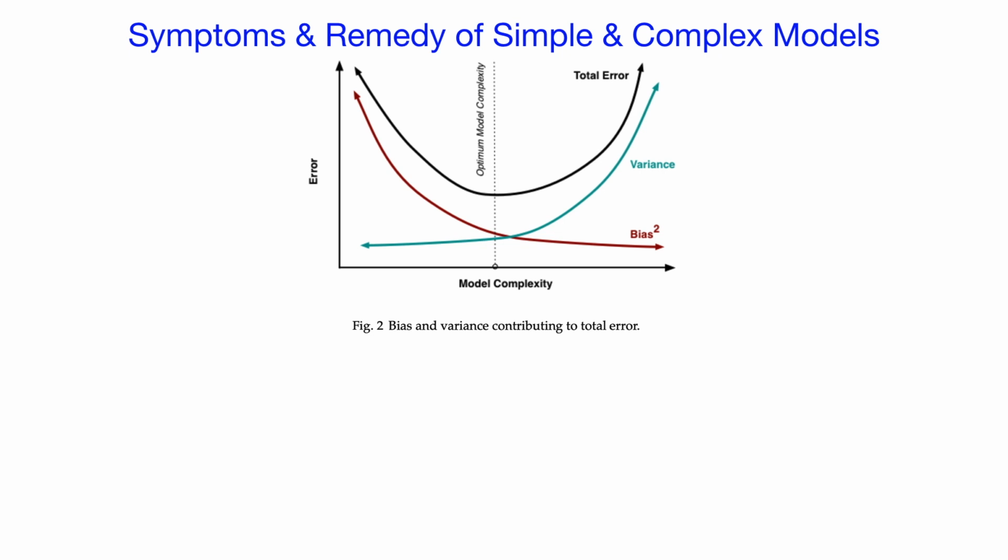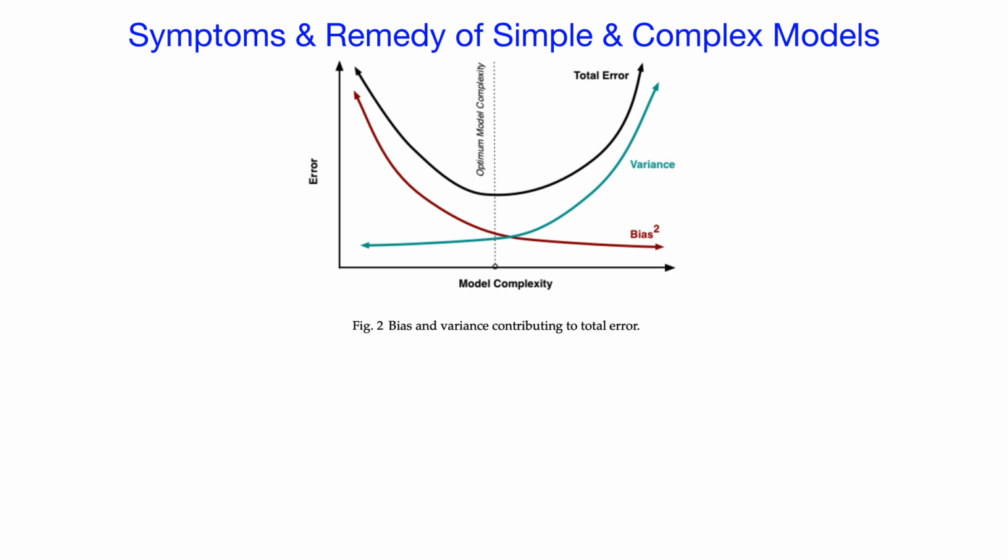If the model is very simple, it is on the left hand side, and if the model is complex, it will be on the right hand side. And the error is on the y-axis. And the bias is in red color and the variance is in green color. So the total error is a combination of bias and variance. So that is the black one, which is of a shape of a U.